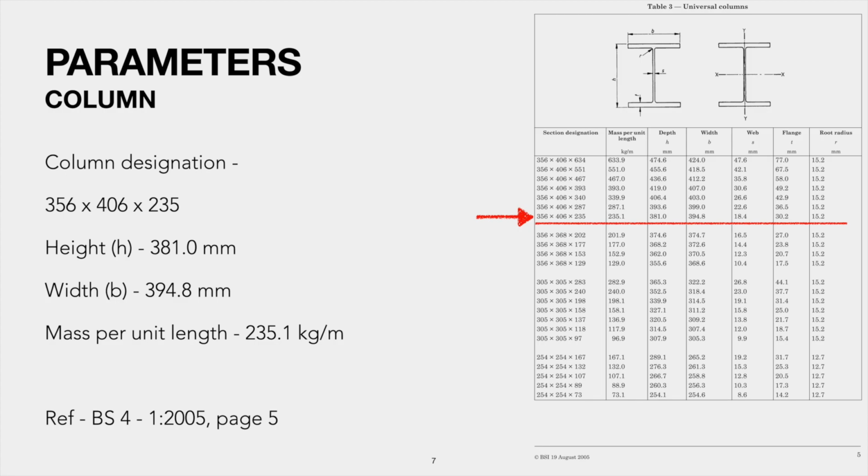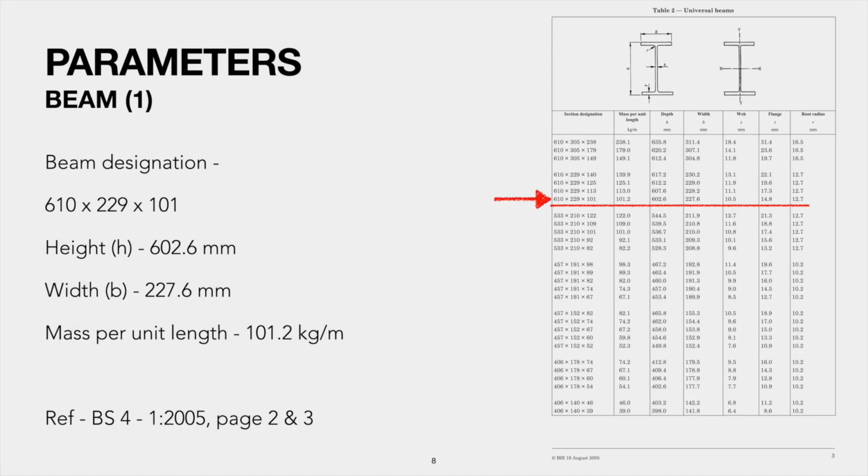Height is 381 mm, width is 394.8 mm, and mass per unit length is 235.1 kg per meter. Furthermore, thickness of the web is 18.4 mm. Thickness of the flange is 30.2 mm and radius is 15.2 mm. You can see these technical details by referring to page 5 of the standard.